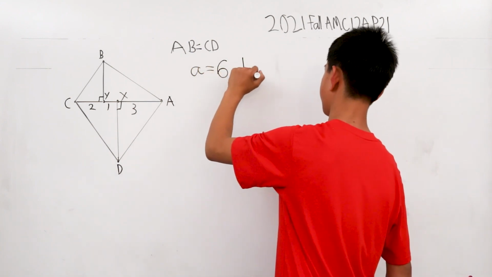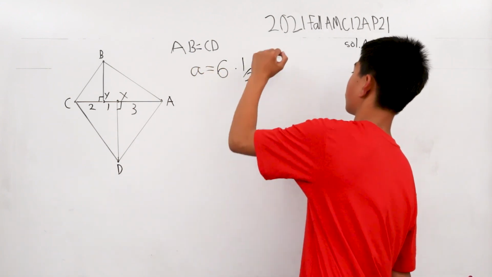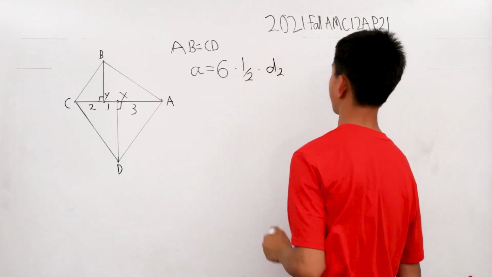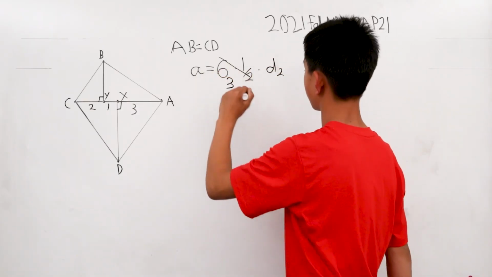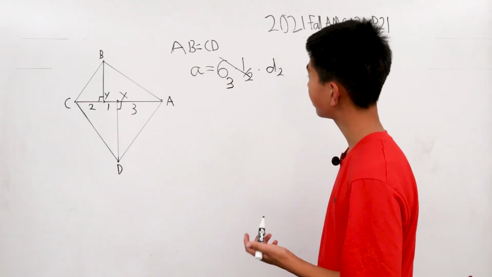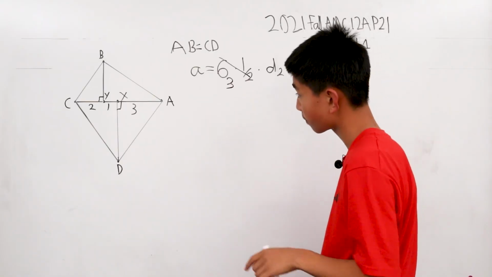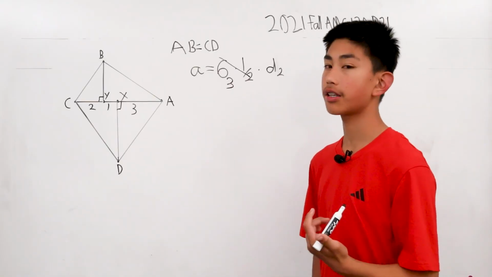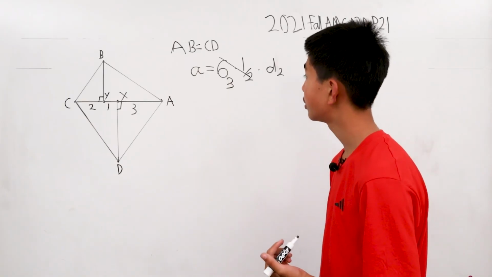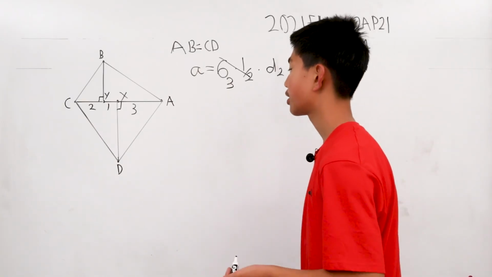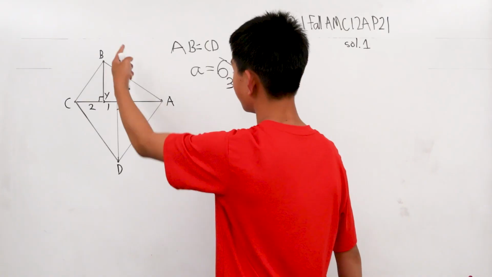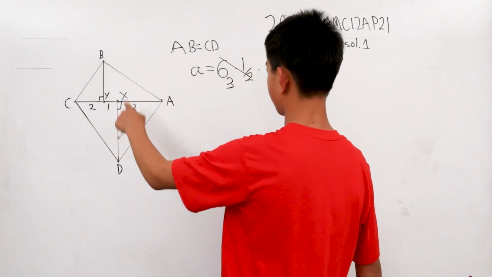And the equation states that you have to multiply by 1/2 times the second diagonal. This crosses out to be 3. So our area is 3 times diagonal 2. Now, we can set up equations for similar triangles as we realize that CYB is similar to AXC.